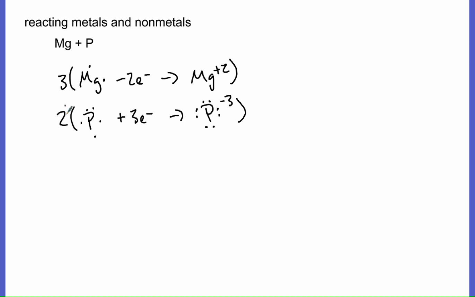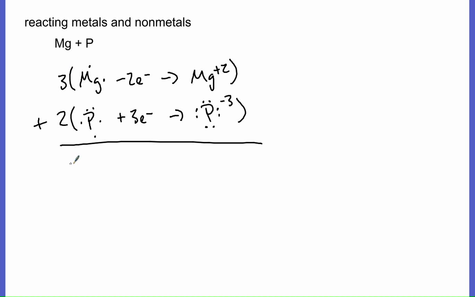I use that least common multiple idea. Between 2 and 3, I need to get to 6, right? As long as the number of electrons are the same being lost and gained, you can get a balanced reaction, right?